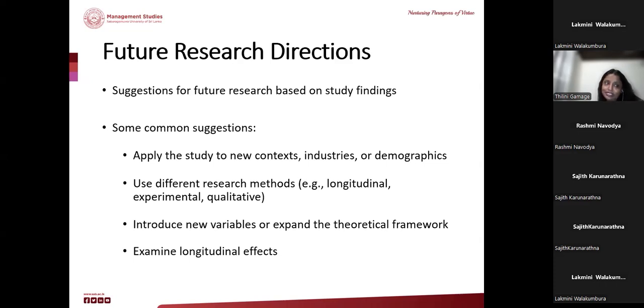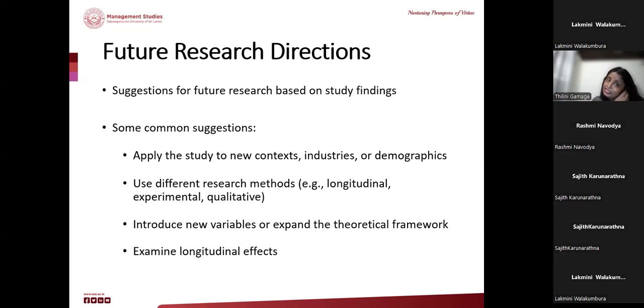Most of the dissertations, we see limitations and future research as a combined section as well. As I told you, research limitations are weaknesses inherent in a study. Most of the time, these limitations are outside of the researcher's control, like methodological limitations. With the deductive approach, you can't control.